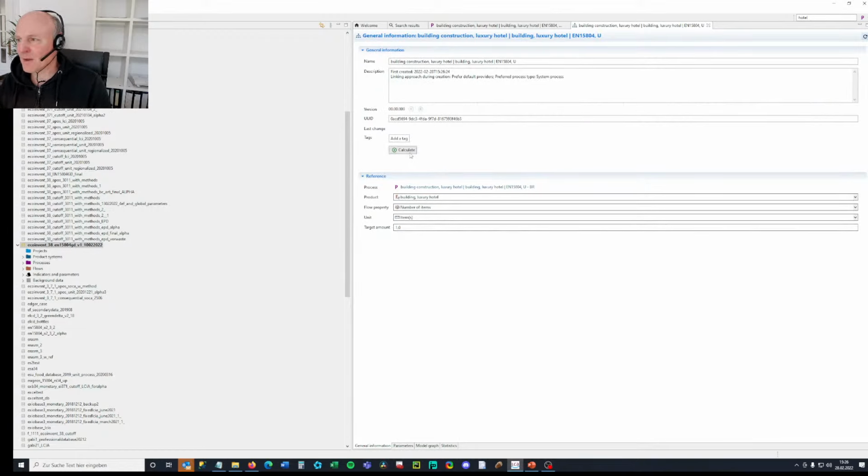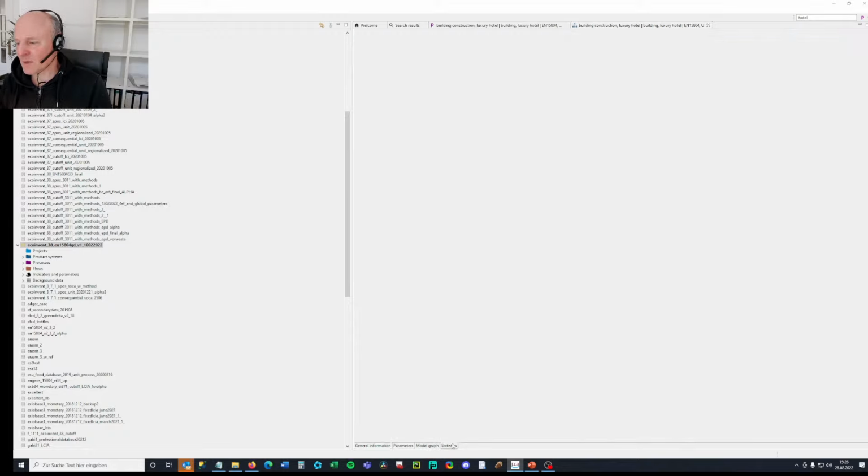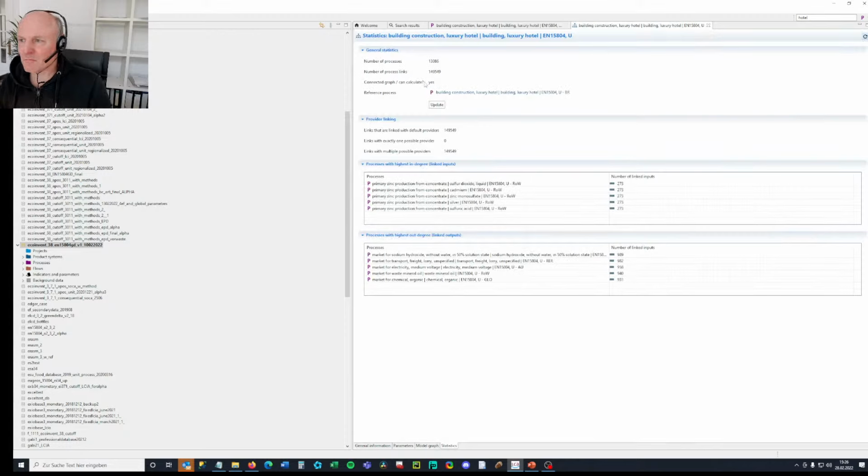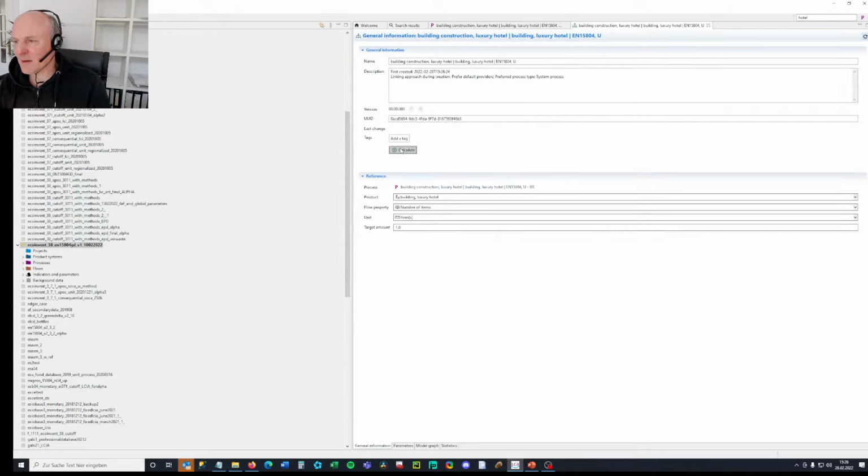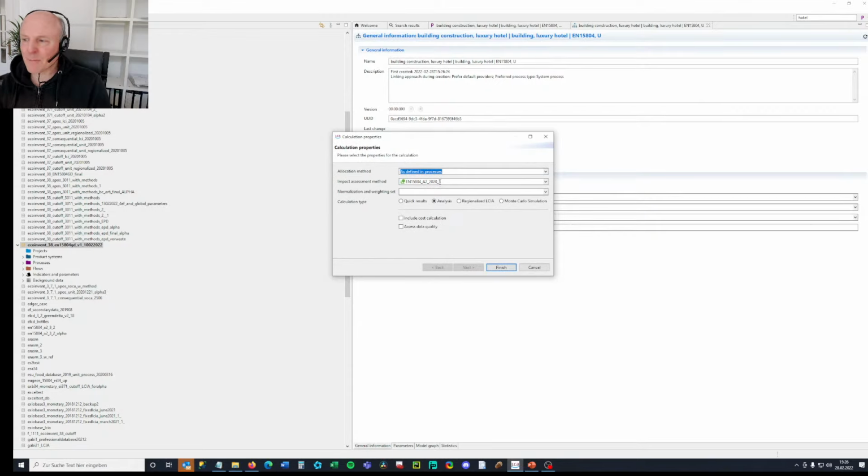Here you see that this is a typical Ecoinvent system, so 13,000 processes connected and so on, and then I can calculate. And then you see here that we have in this database 3 different impact assessment methods.